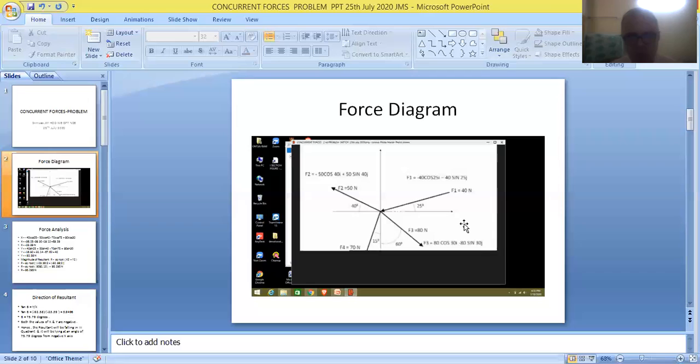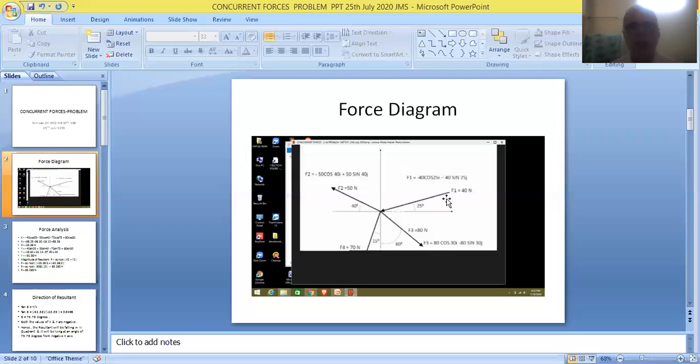So we need these values of forces, which are called magnitudes. Magnitude of the first force F1 is 40, F2 is 50 newtons, F3 is 80, and F4 is given as 70 newtons.